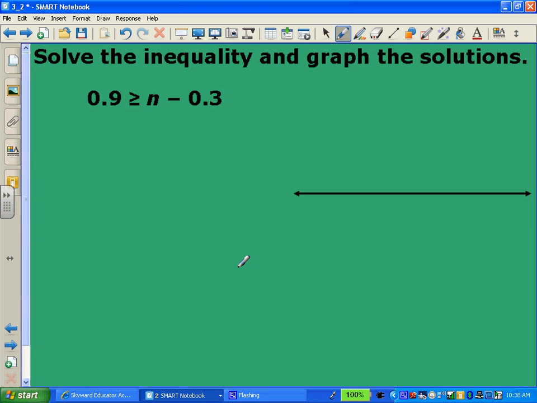Now let's look at this one. Now notice here that the variable is on the other side. We kind of talked about this in section 1. So I'm going to do the same thing. I have subtraction, so I'm going to add 0.3 to both sides.